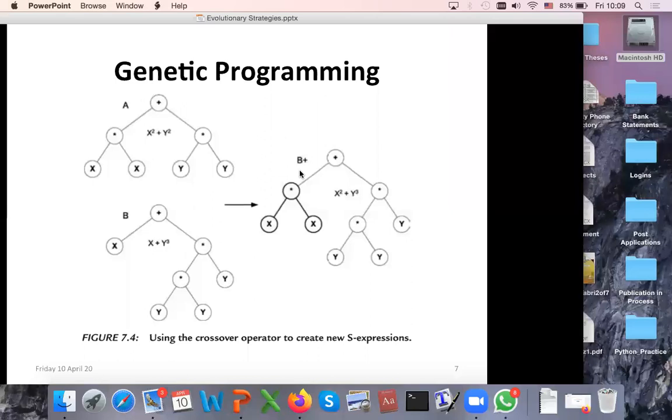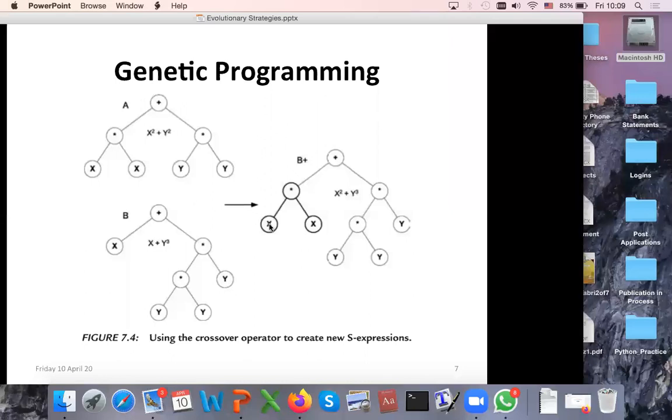And this new tree that we have on this slide, we can call it B plus. This tree B plus contains the properties of A and also the properties of B. How can you infer it?